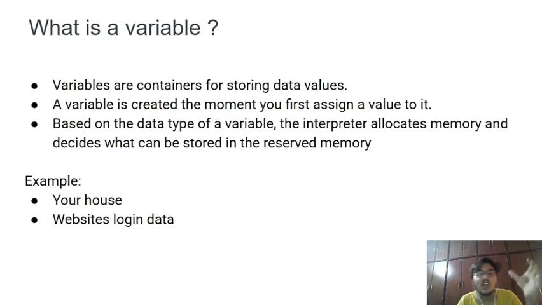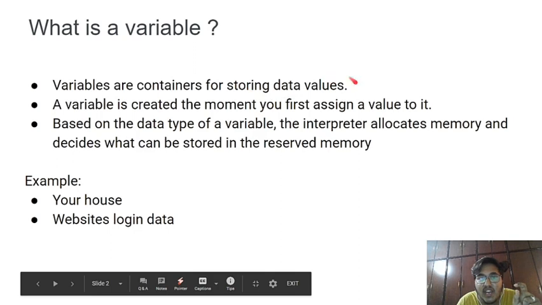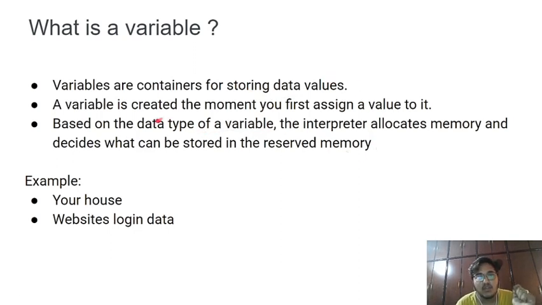The variable has the same feature: it varies its value. A variable is a container for storing data, and its value changes over time. The variable is created at the moment you first assign a value to it.